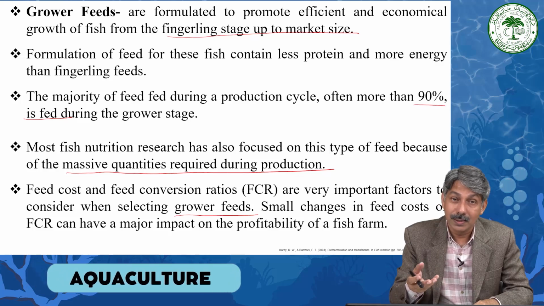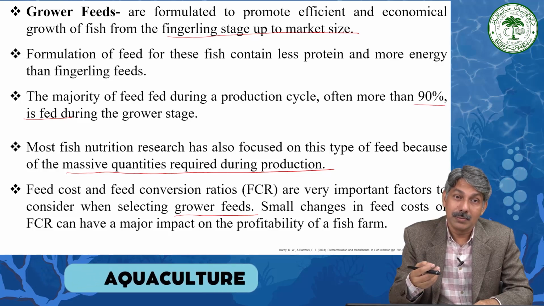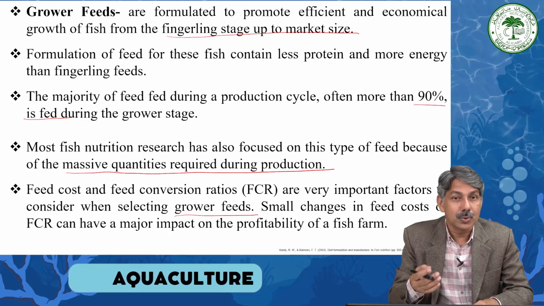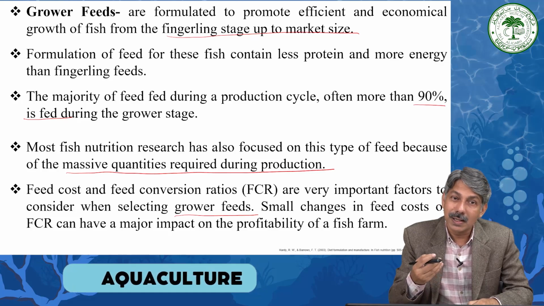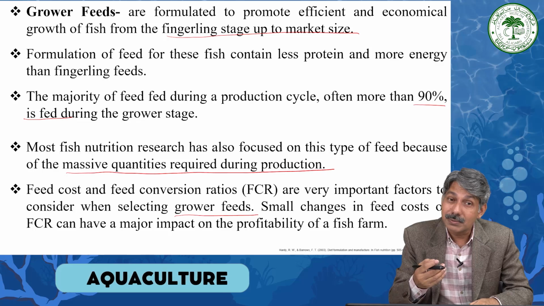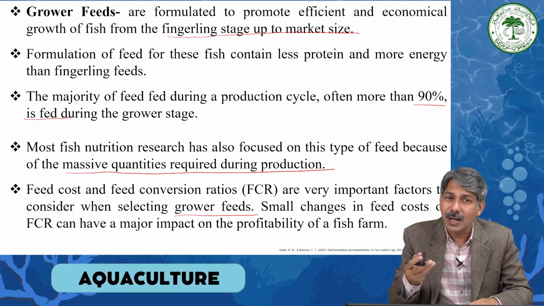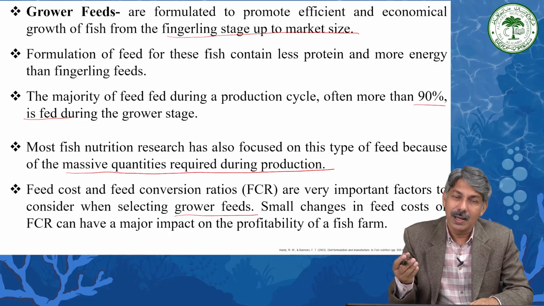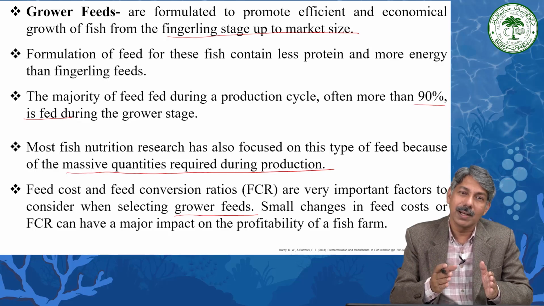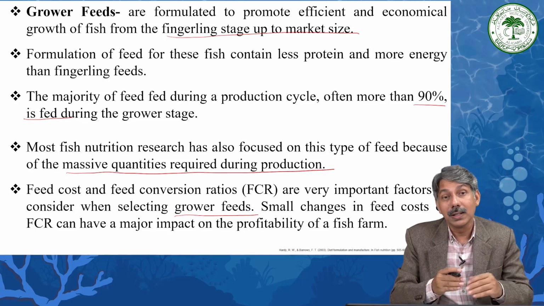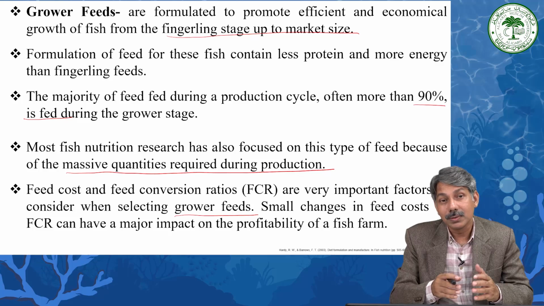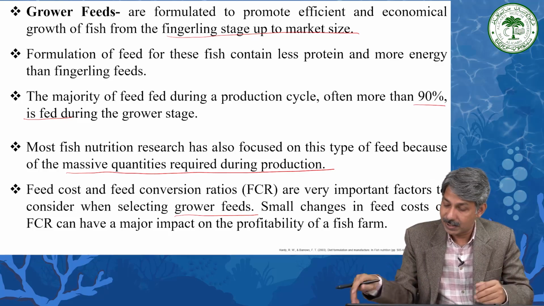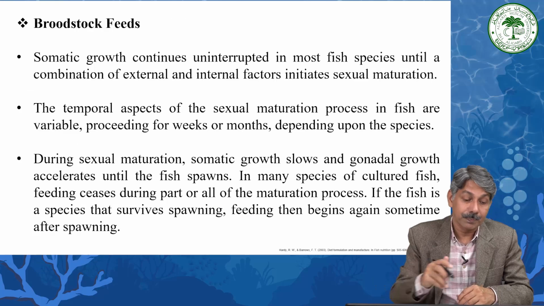I told you that, for example, you are providing 100 kilogram of feed, and 2% or 3% of their body weight, how you calculate the ration size will make a huge difference. And if you are providing 100 kilogram daily, then what about the entire year? Ultimately that is going to influence the economic viability or profitability of the farm. So we should be very careful.